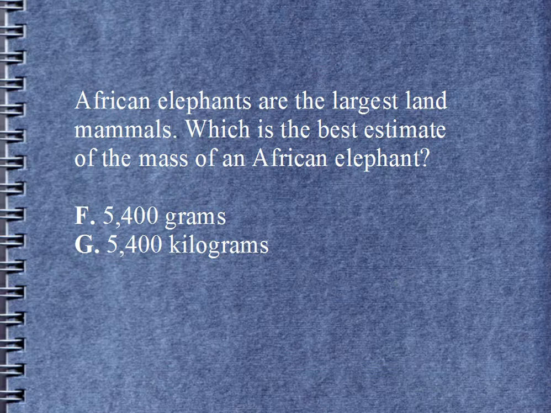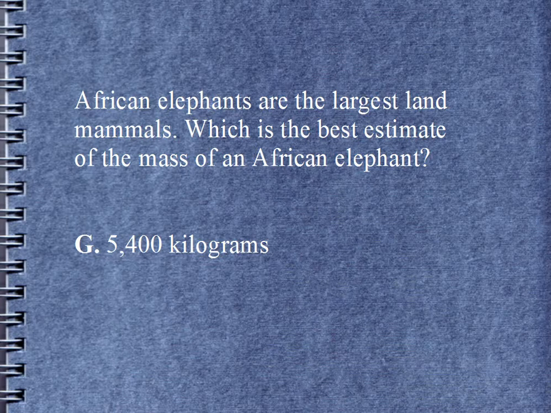You can also think about a paper clip. Well, 5,000 paper clips, is that about the measurement of an African elephant, the largest land mammal? Not quite. So we can knock that one out, and the only answer we have left that is reasonable is 5,400 kilograms. So without even having to memorize an answer, the only reasonable answer we have here is G.